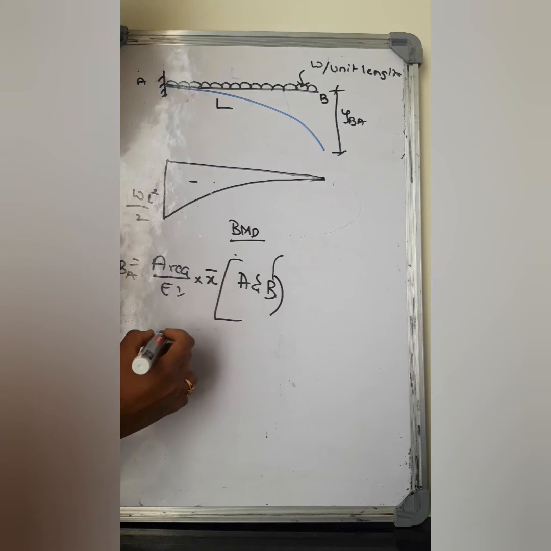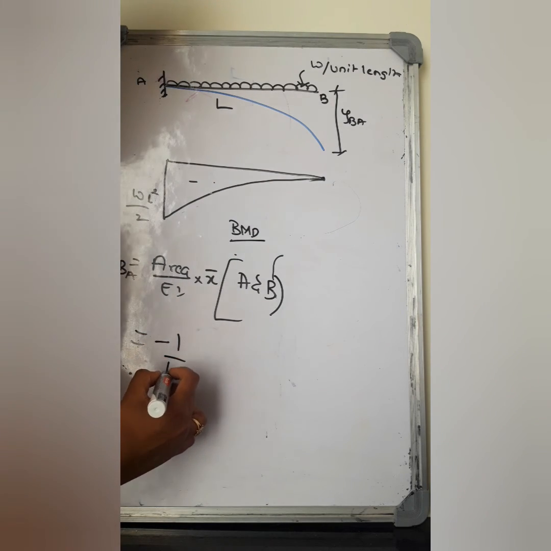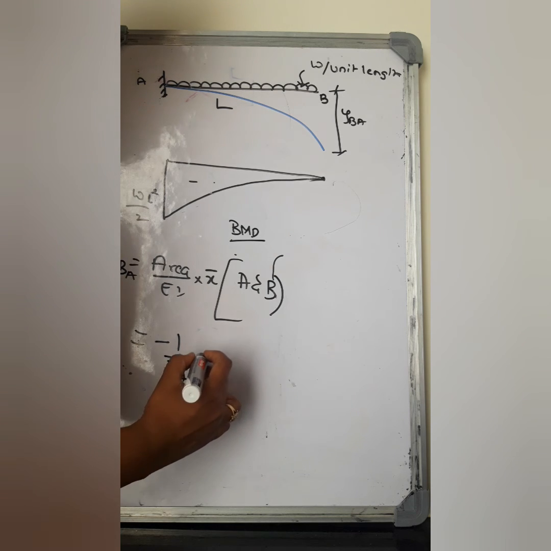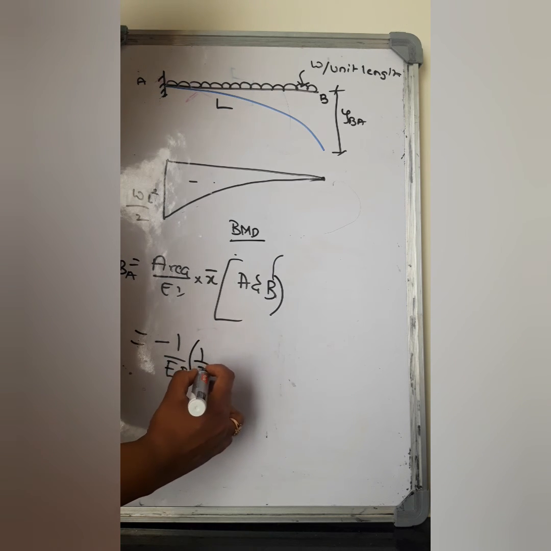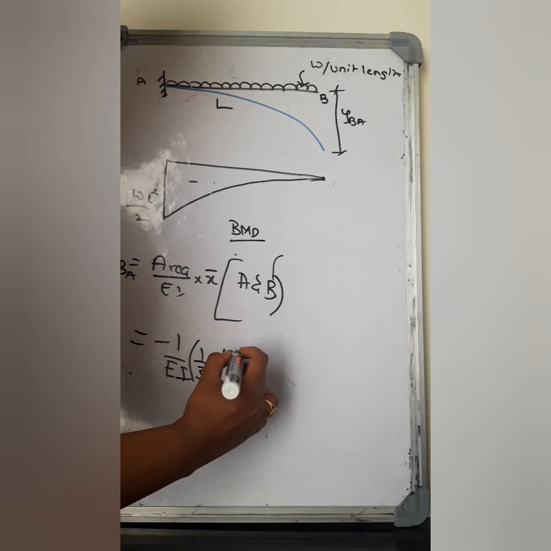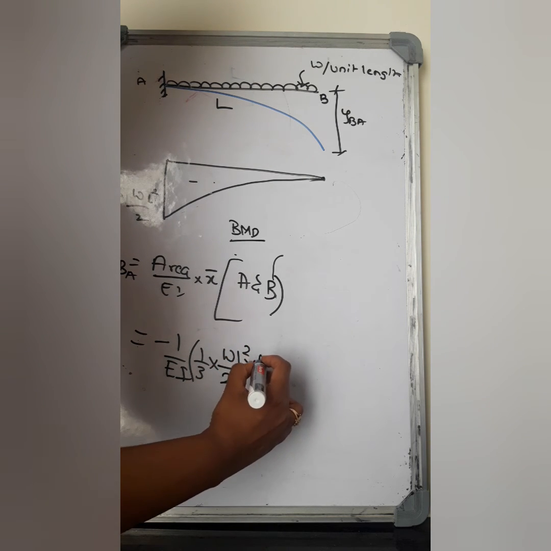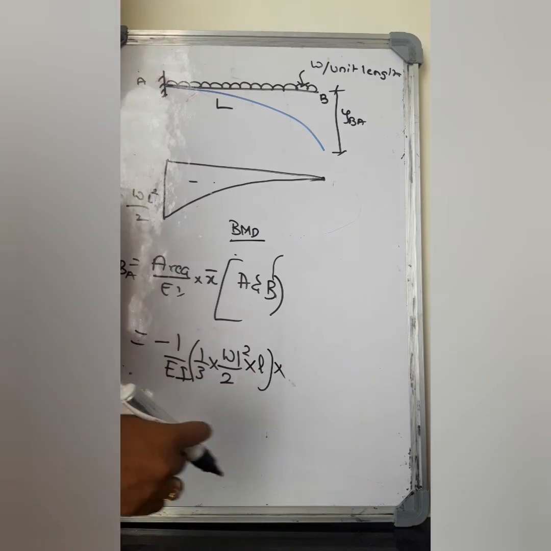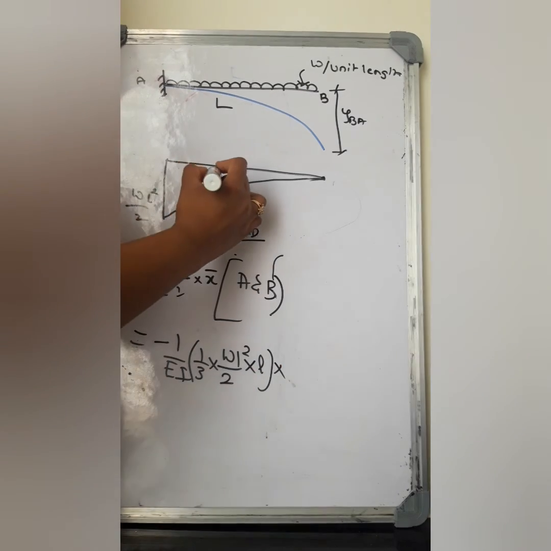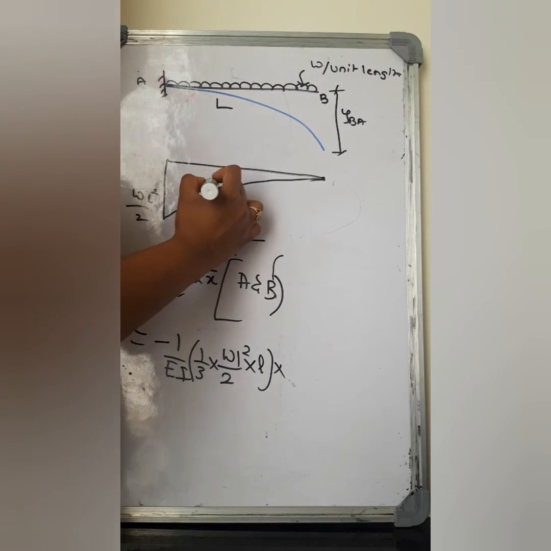So the area is minus 1 by EI into 1/3 of WL square by 2 into L, and for x bar, somewhere here you get the CG value.